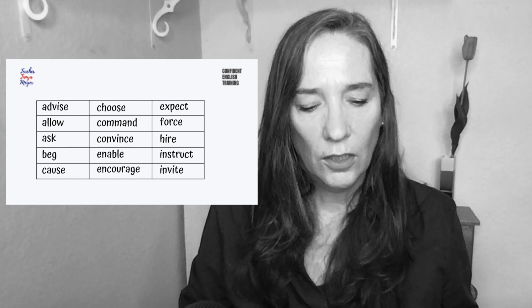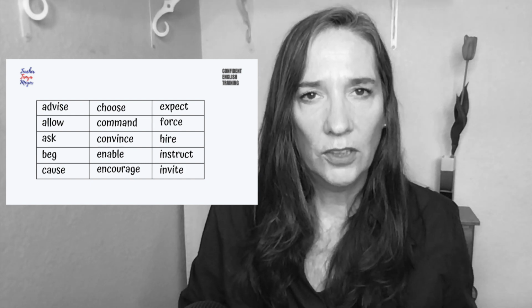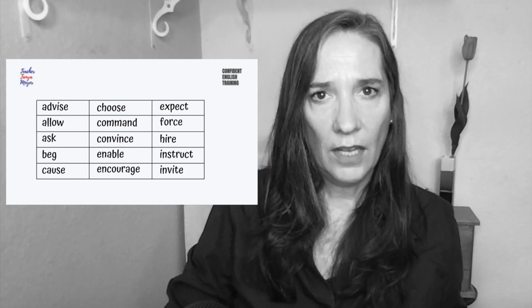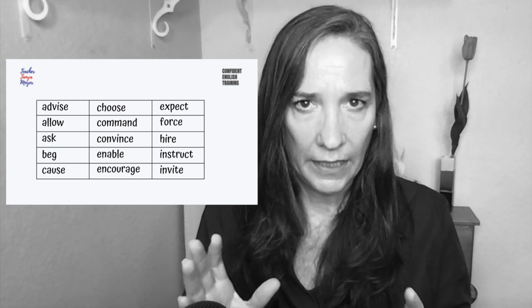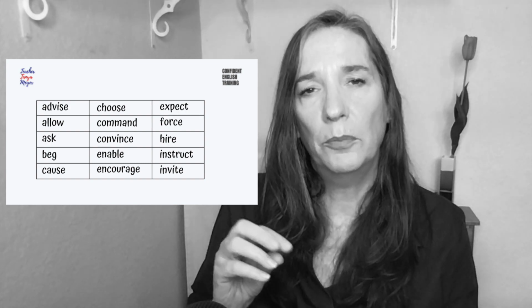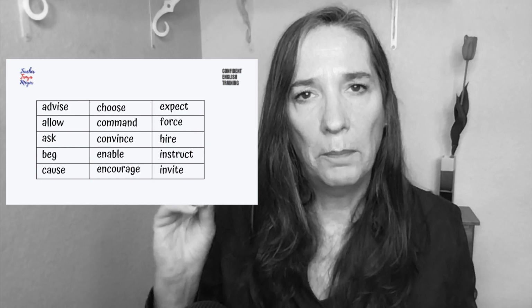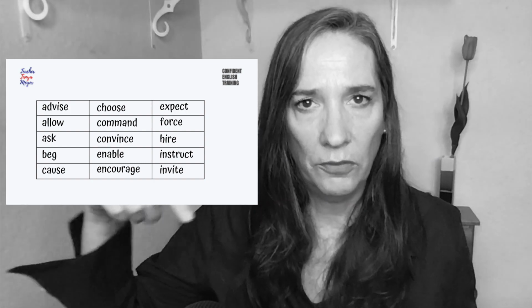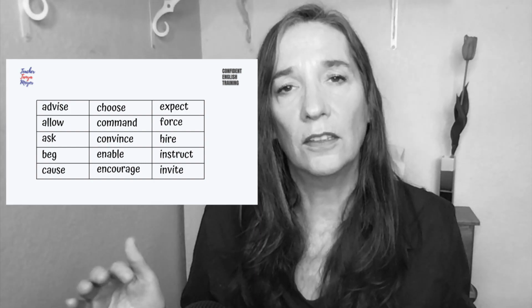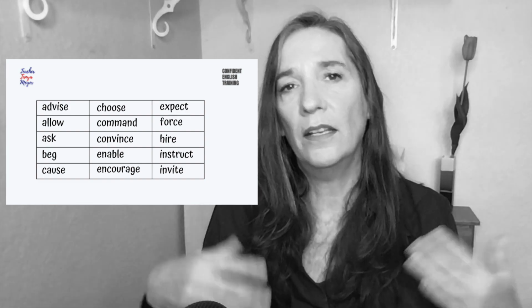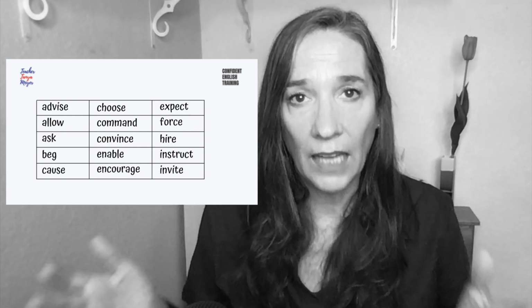Because many times in English lessons, what happens is that you're presented with a table like this with all the other verbs that follow the same pattern as the example that we've been working on. And then that's it. You're supposed to memorize these verbs or something, but that doesn't happen.